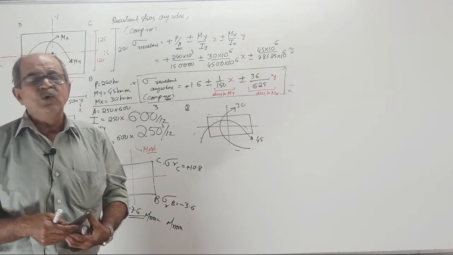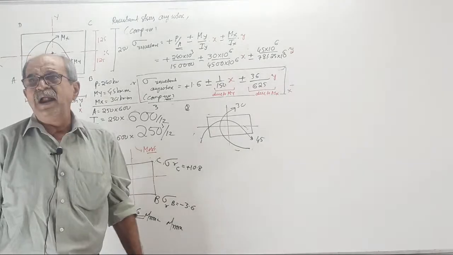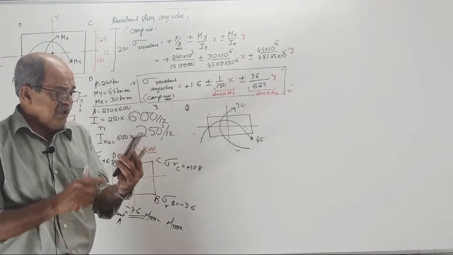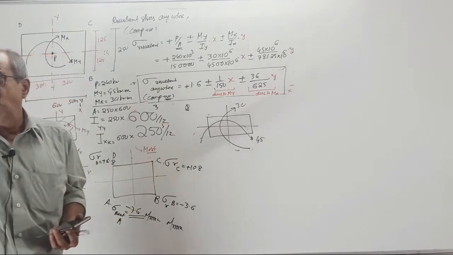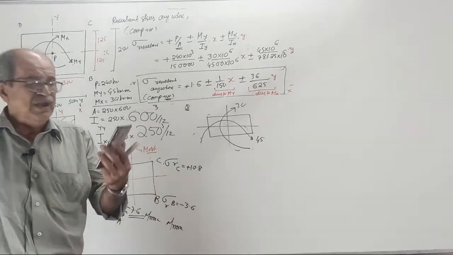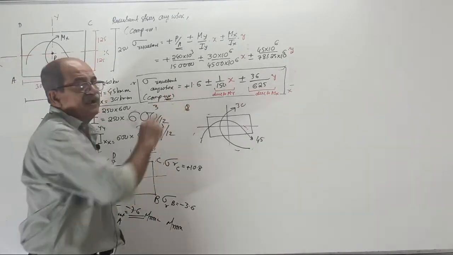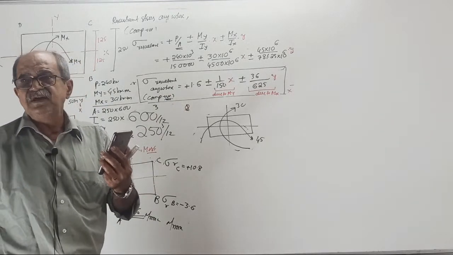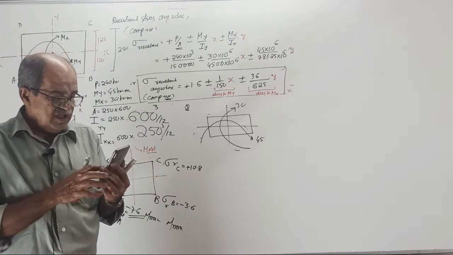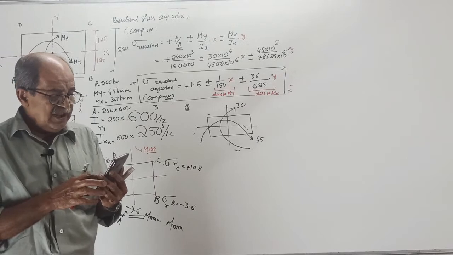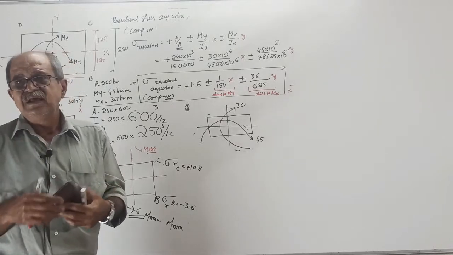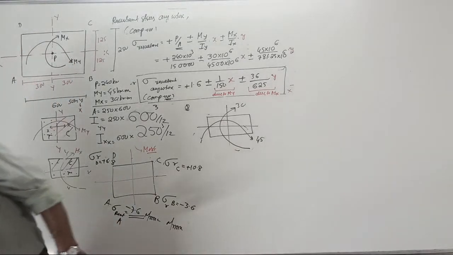When you add all the 4 corner stresses with the proper sign and divide by 4, that is the average value, and you will get back the first number, plus 1.6. Coming or not coming? Add all the 4, then divide by 4, and you should get plus 1.6. Coming. Okay, now, make a note.